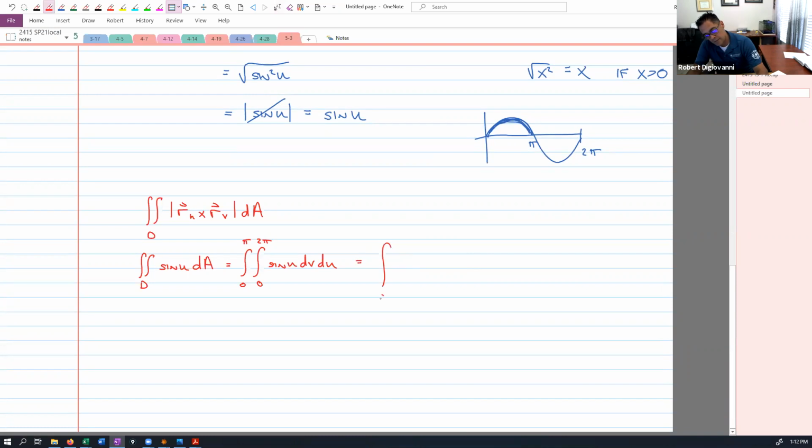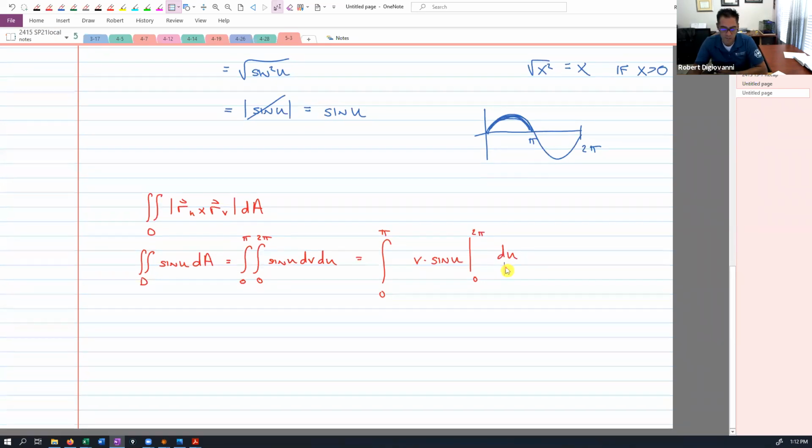Now it's time to integrate. Sorry, I'm integrating with respect to v first, so it's just v sine u, from 0 to 2 pi, and then we'll do du. I apologize. This becomes the integral from 0 to pi. Plugging in for v, we're plugging in 0 and 2 pi.